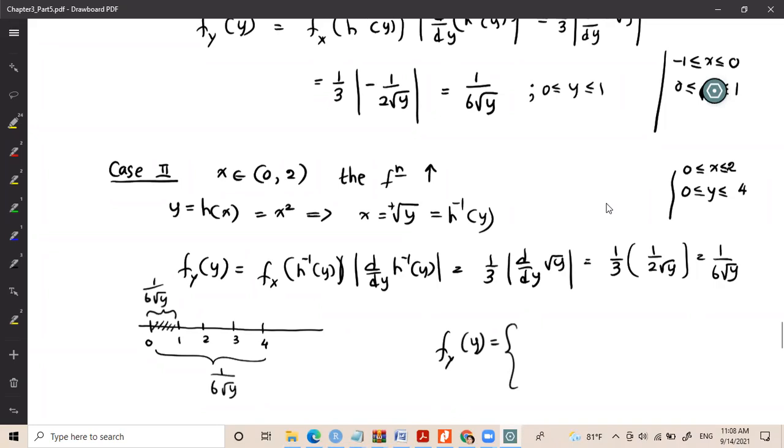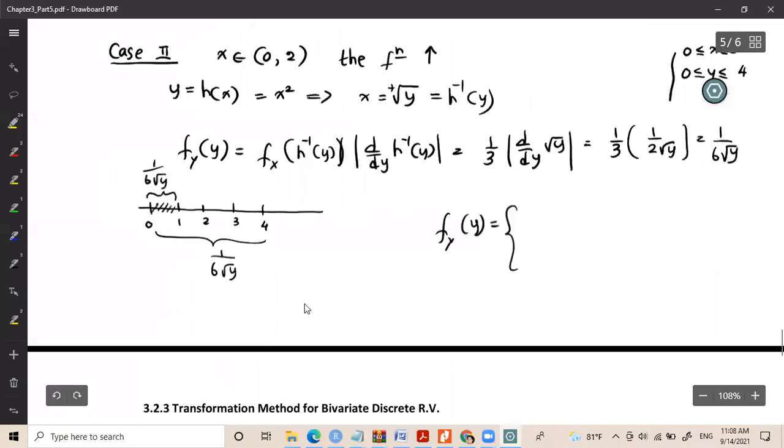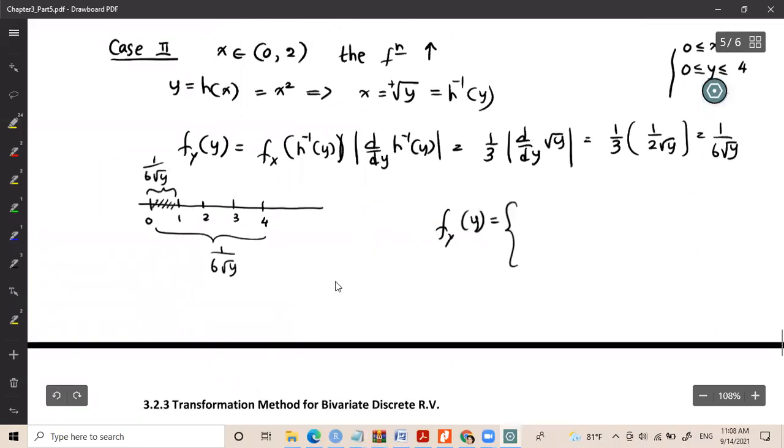That means in the interval 0 to 1, from the second case also you have 1/6 square root of y. Within the interval 1 to 2 also you have that, 2 to 3 also, 3 to 4 also. Therefore, I'll split this into two like this: 0 to 1 and 1 to 4.